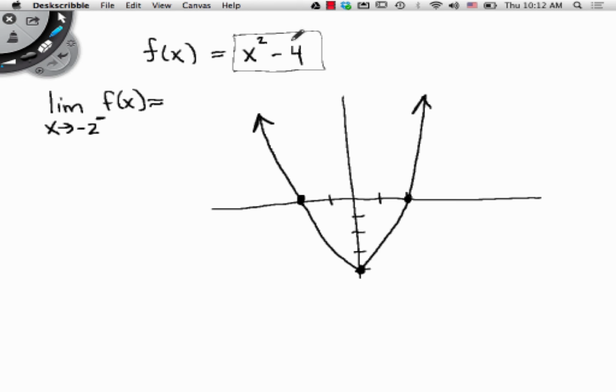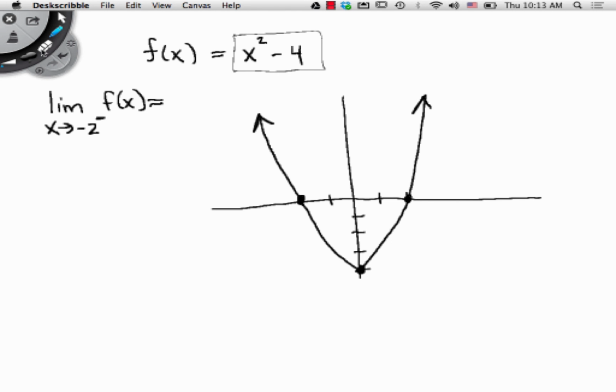Is there anything that you can plug into this polynomial and get an undefined value? 2? 2 squared is 4, 4 minus 4 is 0. There are no denominators, so there's no fear of getting an undefined value, right? And there's no square root, so there's no fear of getting a complex number, right? This is a polynomial. You can put anything you want into this function.